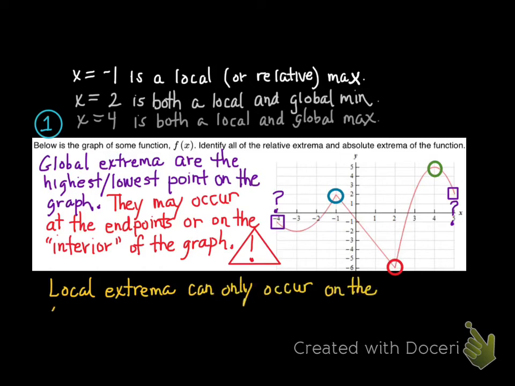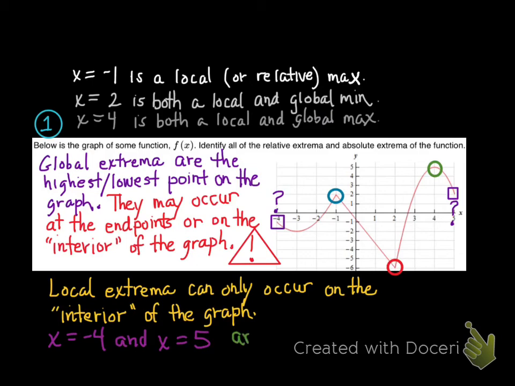Local extrema can only occur on the interior of the graph. You cannot have a local extrema at the endpoint of the interval. A global max or min, possible. But the local extrema are only available on the interior of the graph.